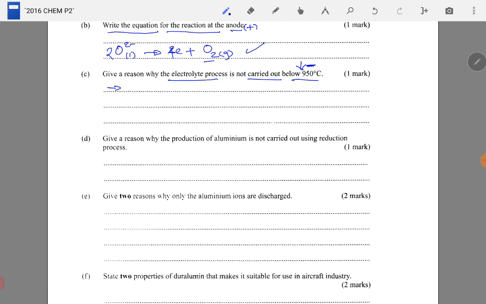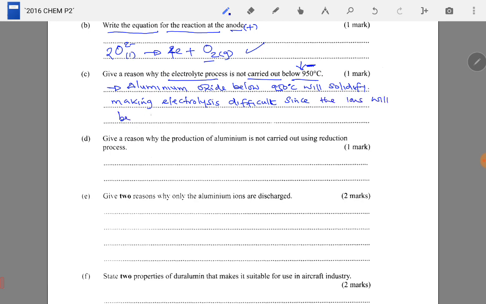I think what happens here is that the aluminium oxide below 950 degrees Celsius will solidify, making electrolysis difficult, since the ions will be rendered immobile.